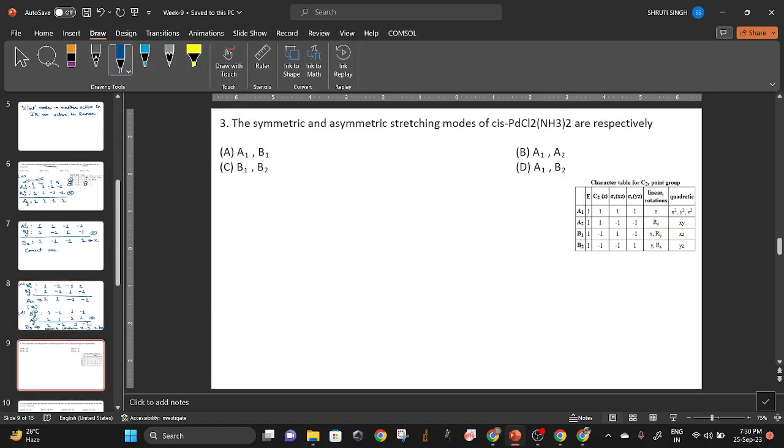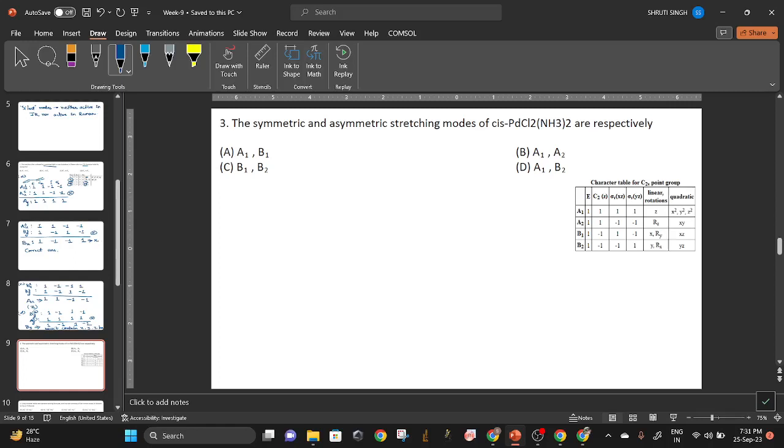Okay, so let's see this one. Now this question is: the symmetric and asymmetric stretching modes of cis-PdCl2(NH3)2 are, respectively. Symmetric and asymmetric: in class we have been taught about which molecule?